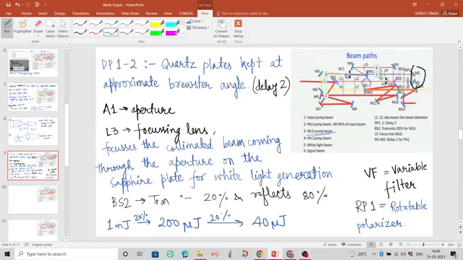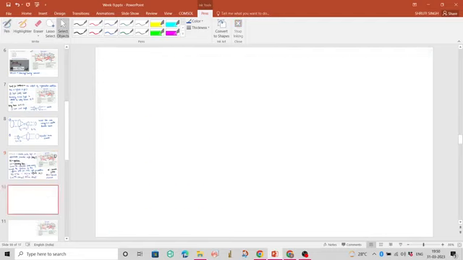It's again a convex lens, and then it hits this part which is TD. TD is some kind of diffuser.